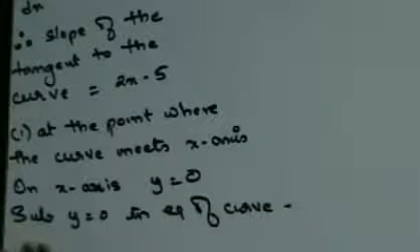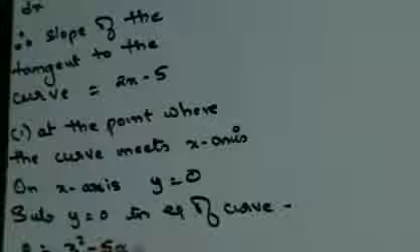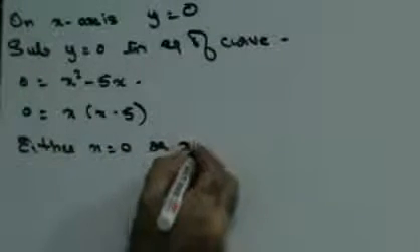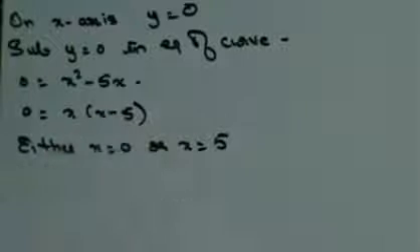So in that case I'll get 0 is x square minus 5x, 0 is equal to x into x minus 5. So either x is equal to 0 or x is equal to 5, right?